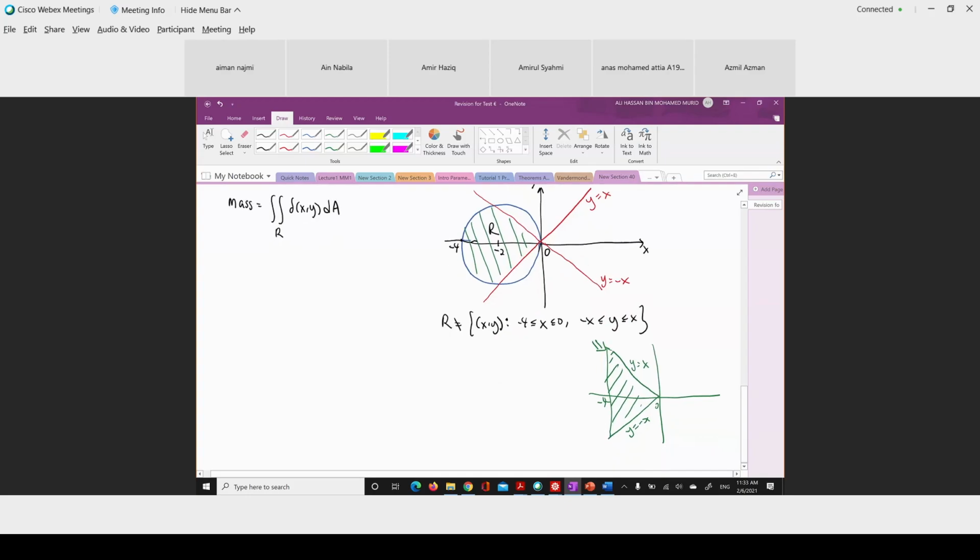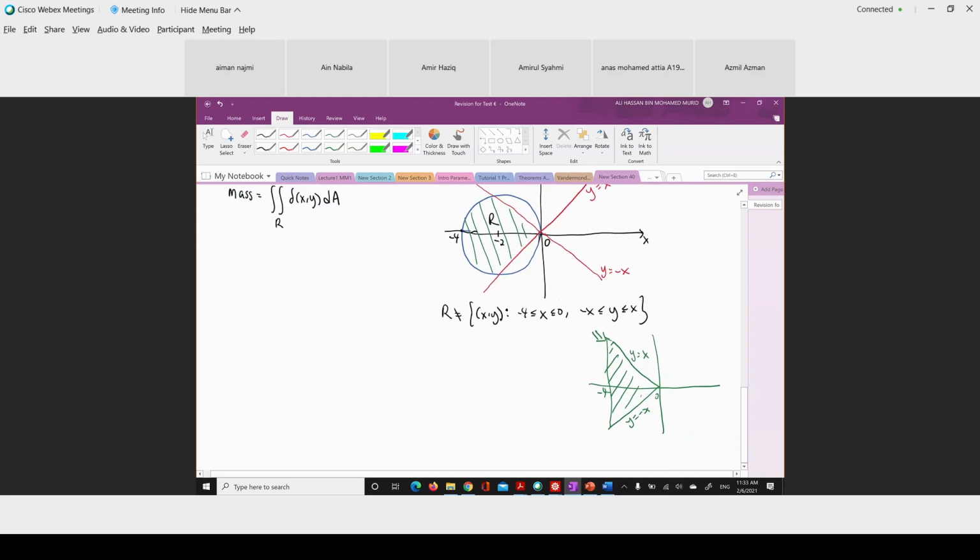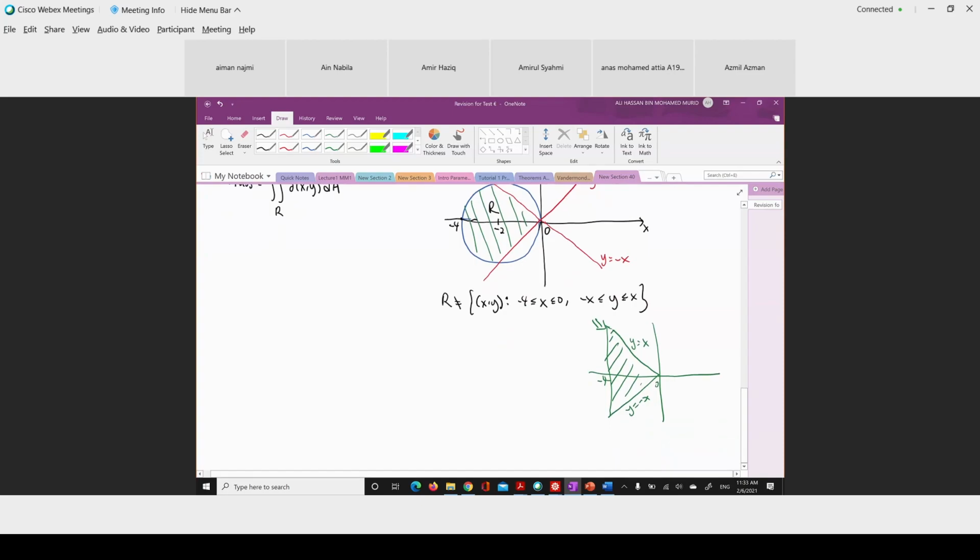So what is r in terms of polar coordinates? Can anybody tell what r is in terms of polar coordinates? R is between what and what?